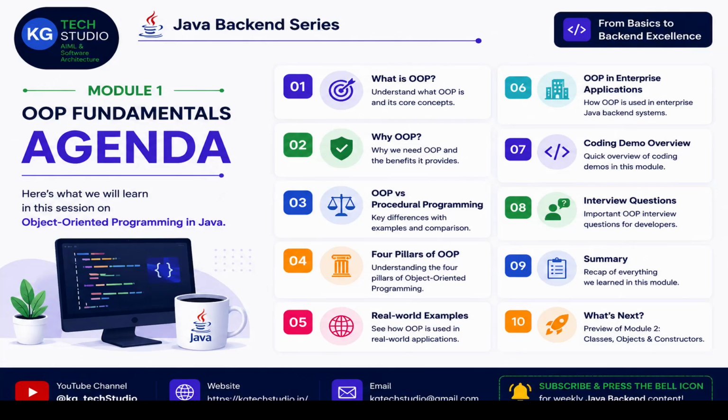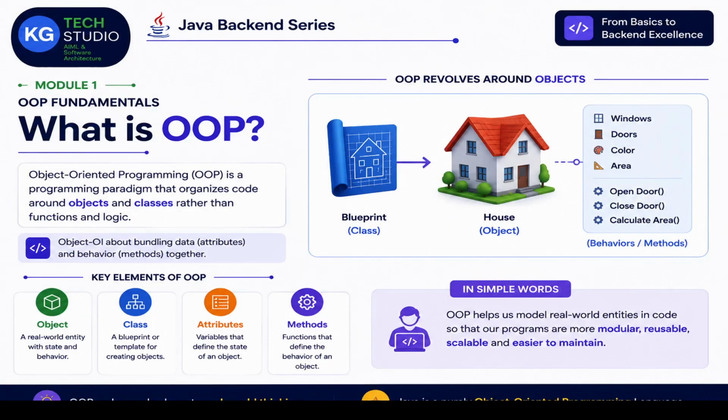Before moving to the next module, let's discuss the basic concepts of object-oriented programming and why Java adopted it. Once you talk about object-oriented programming, everything comes around objects. That's why we call it object-oriented programming.